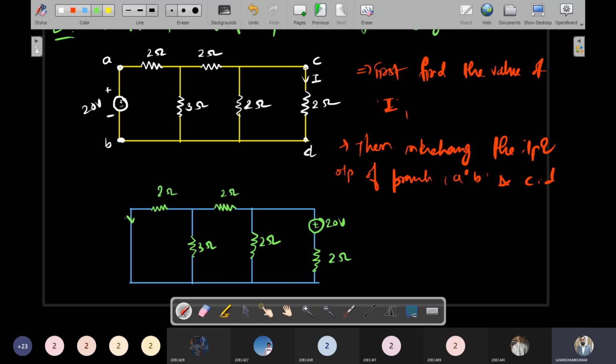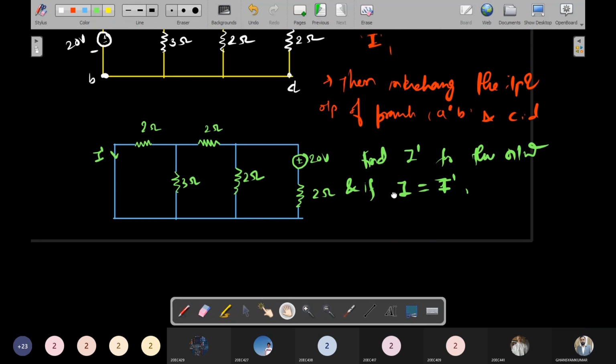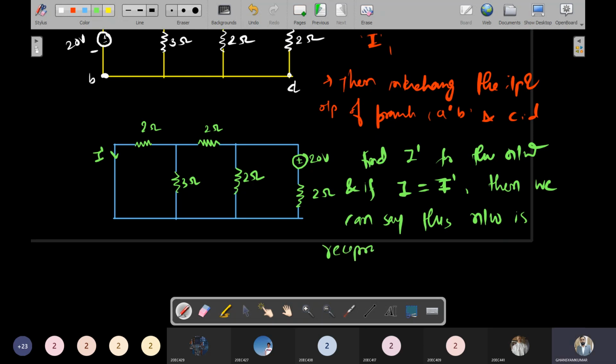So the current from this branch will be I dash. If we find I dash for this network, and if I equal to I dash, then we can say this network is a reciprocal network.